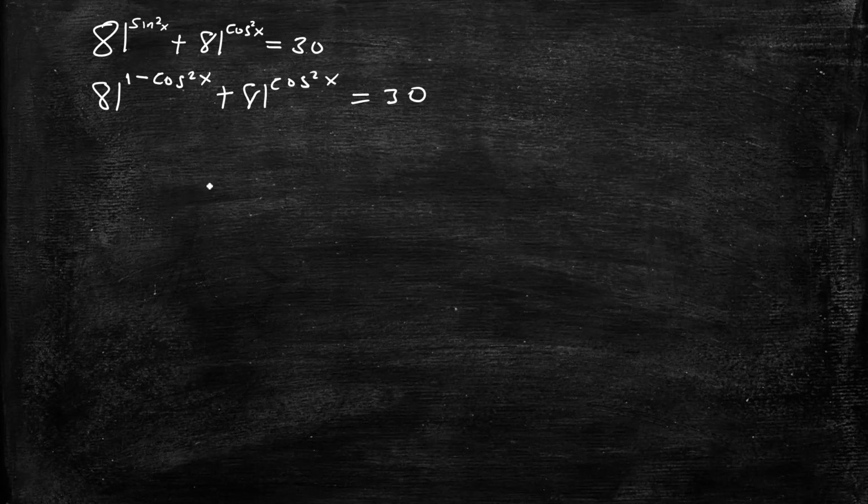Now in case we are given a raised to 1 minus x, that is the same as a raised to 1 times a raised to minus x, which is a raised to 1 times 1 over a raised to x.